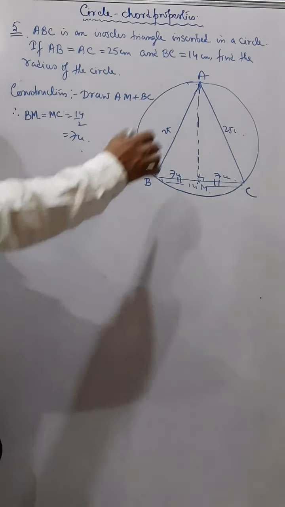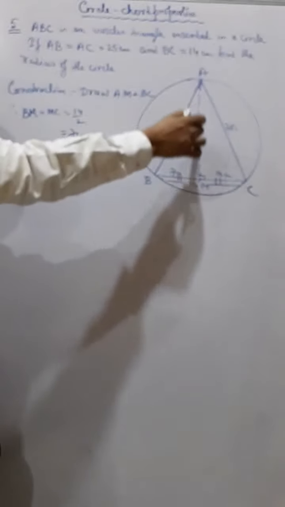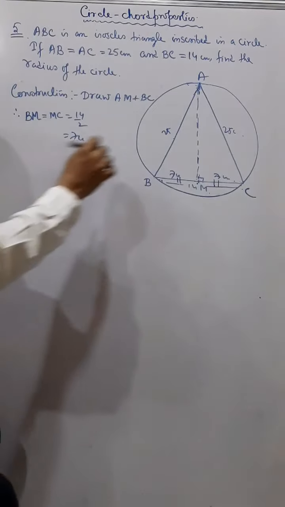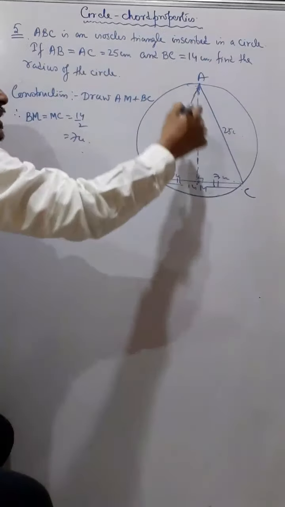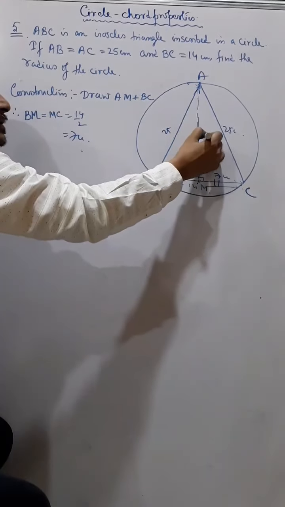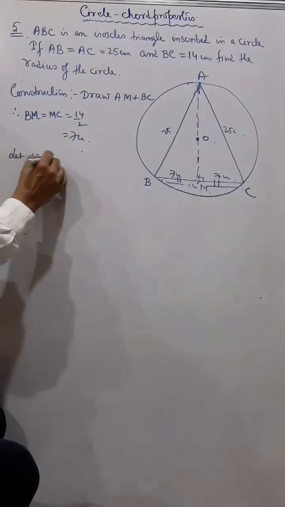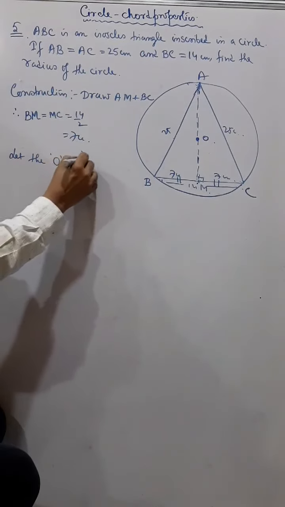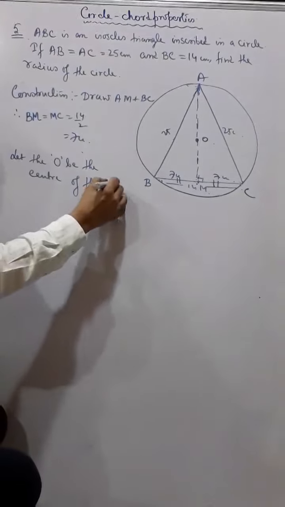Now we can first get AM also, and we can also say the center of the circle lies here. Let O be the center of the circle.